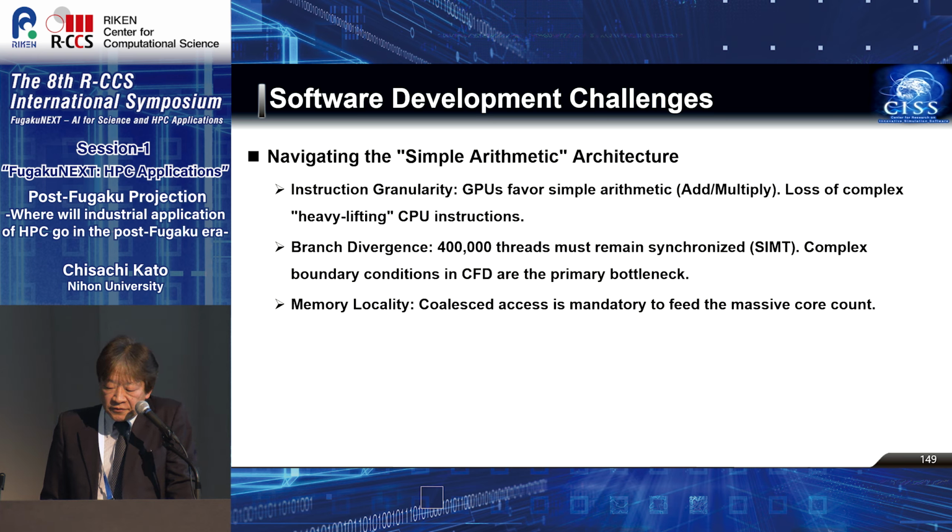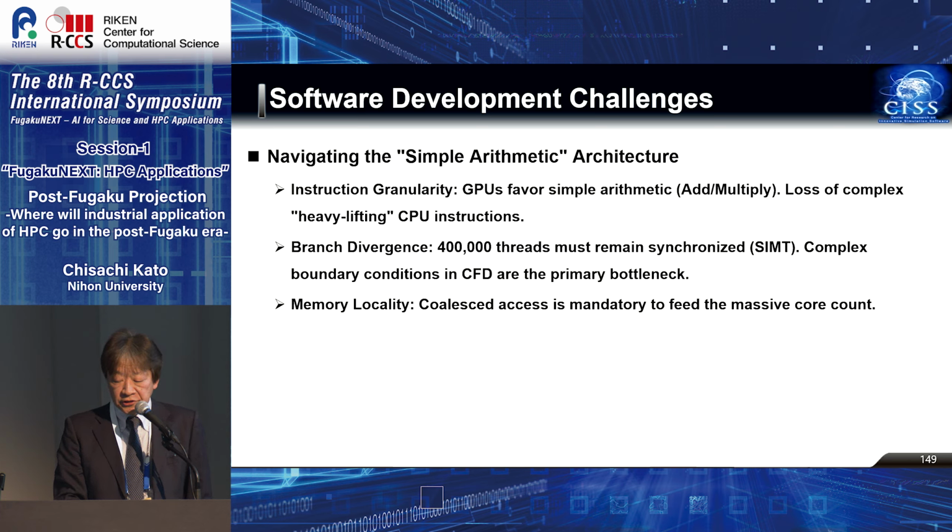So complex, heavy lifting, as you did in the CPU, results in a bunch of loss of time. The branch divergence also has to be avoided. 4,000 threads must remain synchronized.